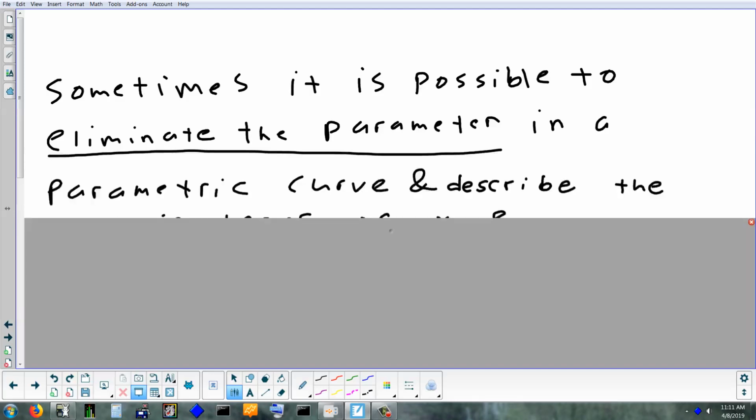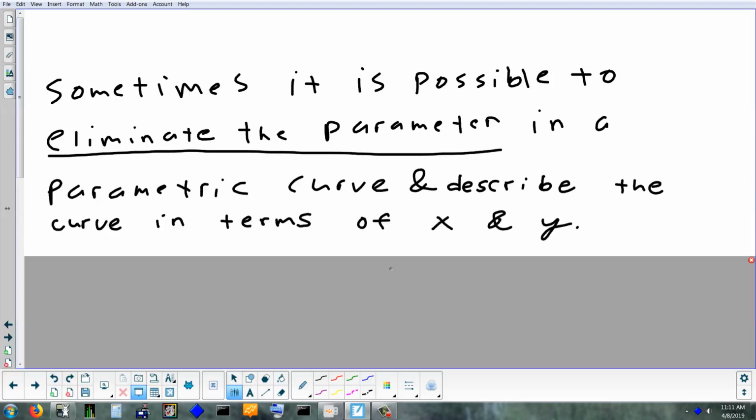So sometimes it's possible to eliminate the parameter in a parametric problem and just describe what your picture is in terms of an x and a y only, like y equals 3x plus 7. No t. Sometimes.